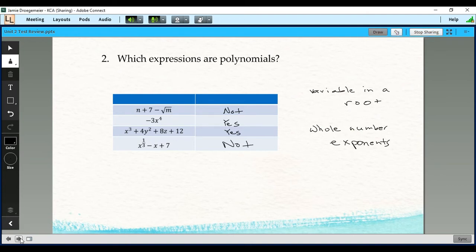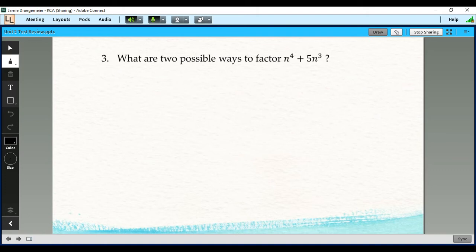Moving on to number 3. In this one, it asks us what are 2 possible ways that we could factor this expression n to the fourth plus 5n to the third. Well, if we're looking for a greatest common factor here, they both have a variable n.